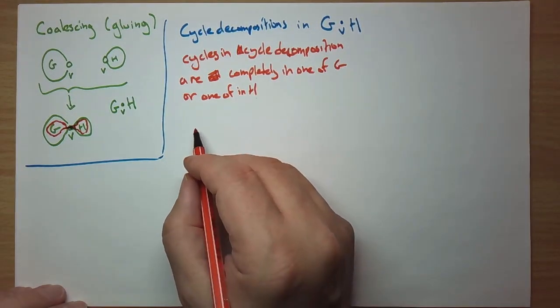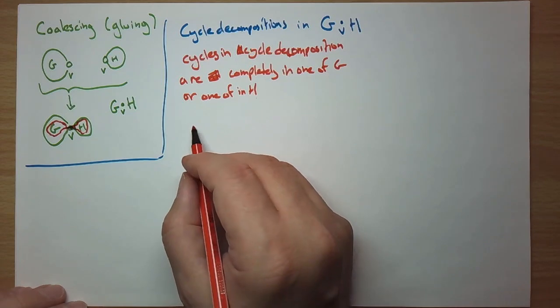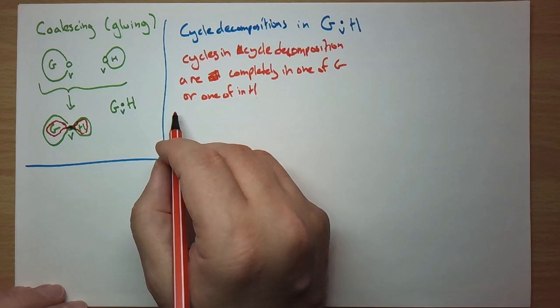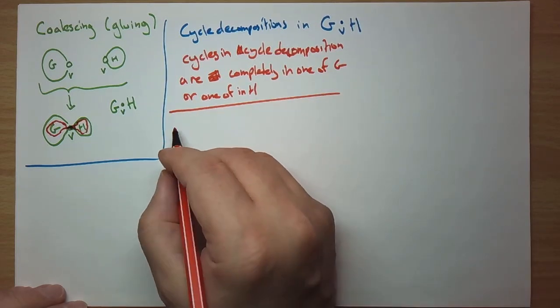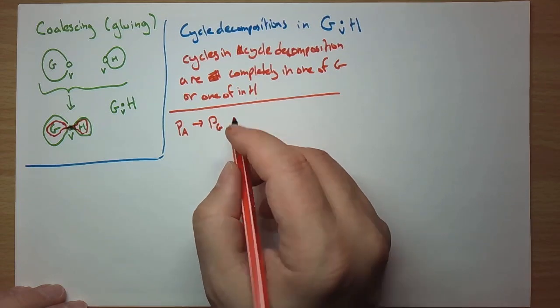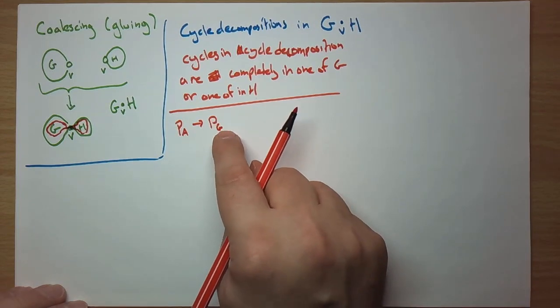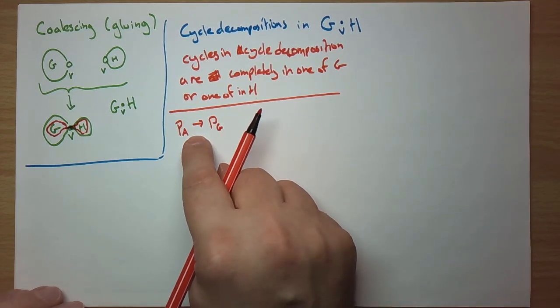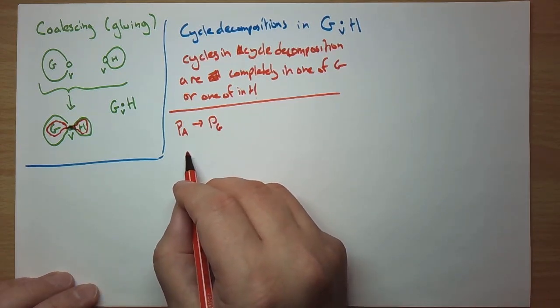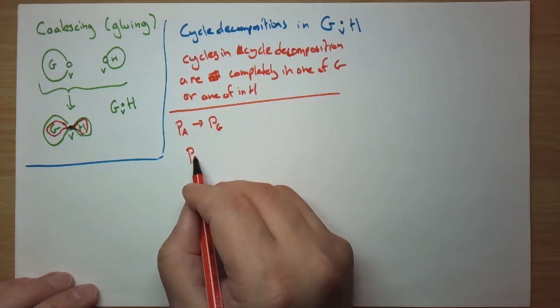So let's think about what happens, and for notation's sake, I've been using P sub A. I'm going to replace this by P sub G, just so we understand it's the graph G for the adjacency matrix. So let's think about the following.